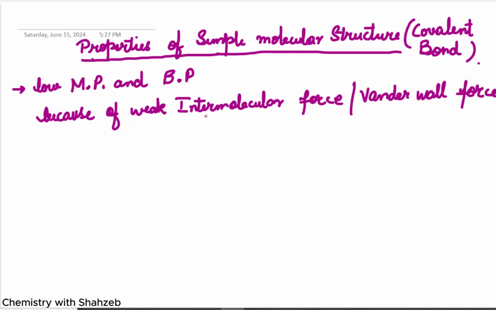Now, what is basically intermolecular force of attraction? For example, we have chlorine, Cl2. You know that chlorine has 7 electrons in its outermost shell, as it belongs to group 7. So it is going to make a bond with another chlorine like this.